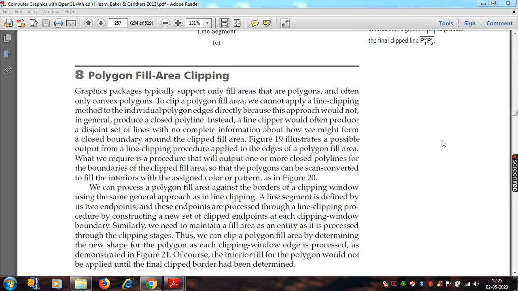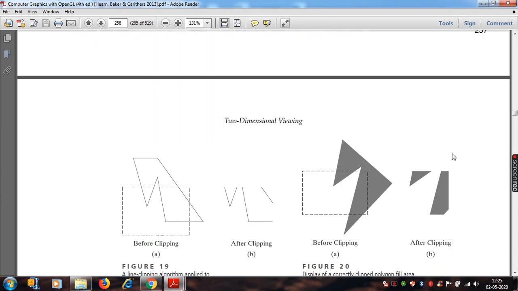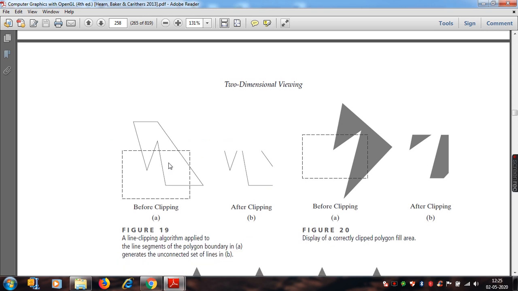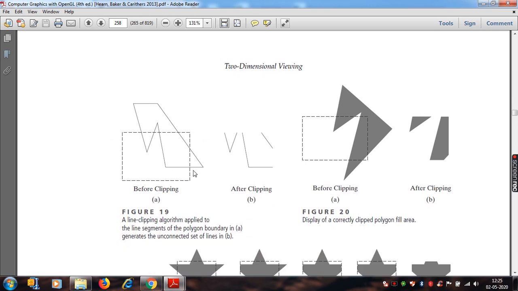Once you clip a line segment, what you get is a line segment. But when you clip a polygon, it is not always a polygon that we get if you use the line segment algorithms. You can see here there is an object, and these dotted lines are what we call the clip window.